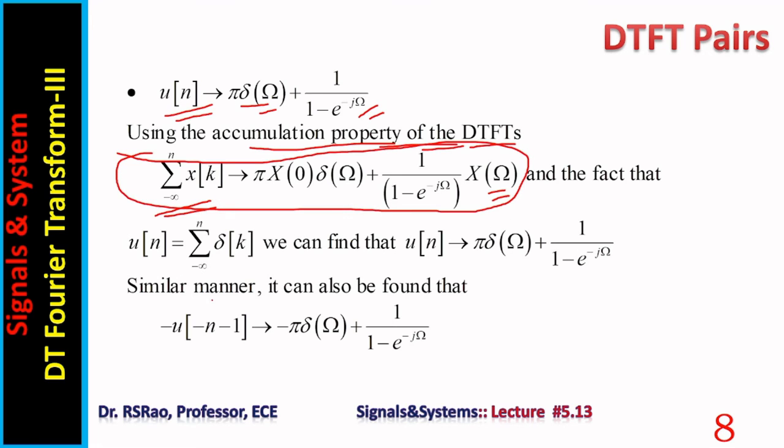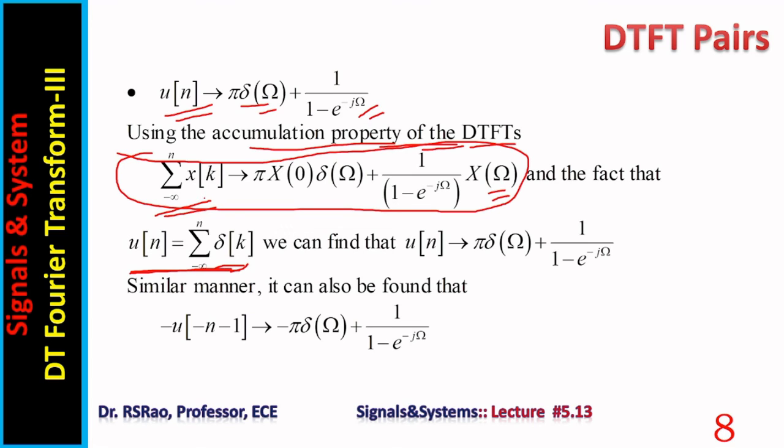And the fact that u of n, the unit step sequence, is equal to sigma minus infinity to n delta of k. So this is the connecting relation between step sequence and delta function.